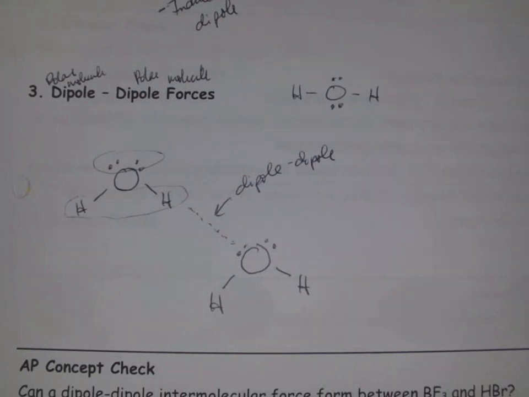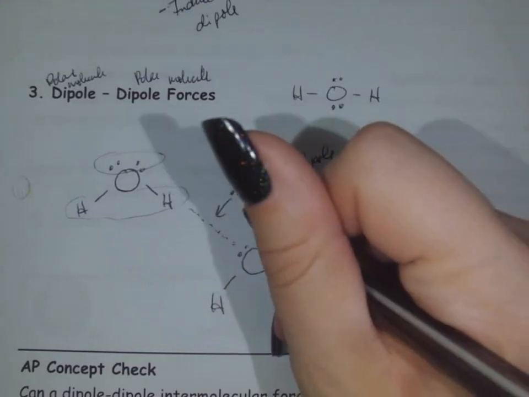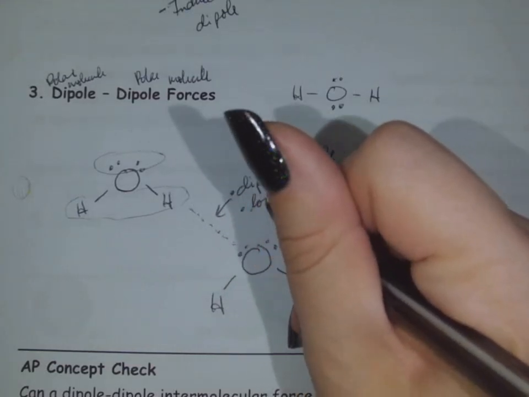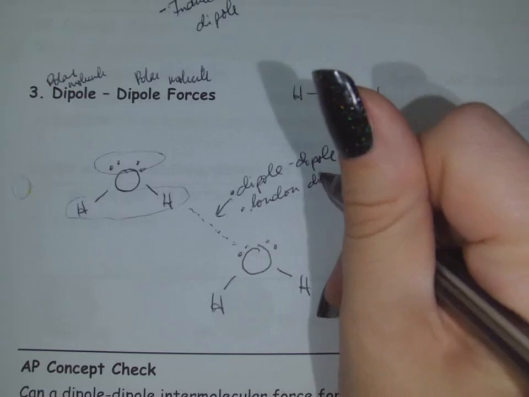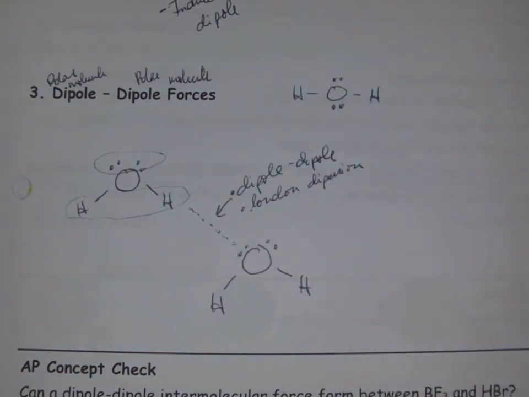Now, anytime you are recognizing that it's a dipole, there's another IMF that's also happening that I'll describe in more detail in just a moment. So there's dipole, and there's London dispersion. Okay, dipole, and London dispersion.